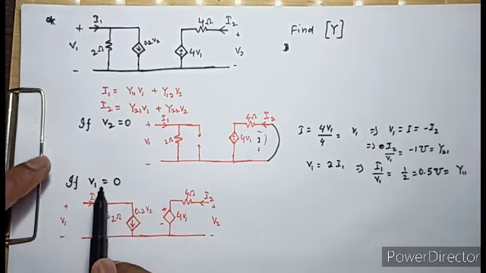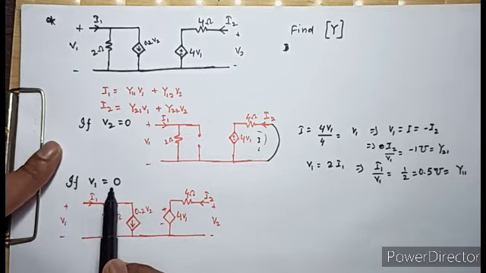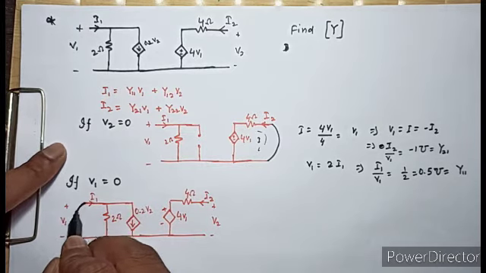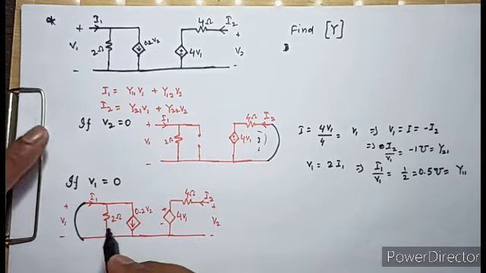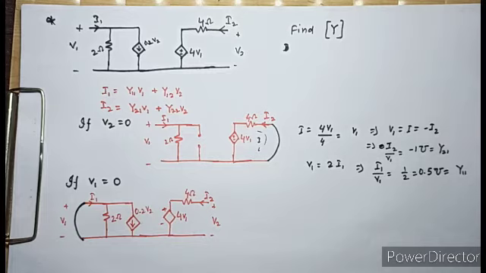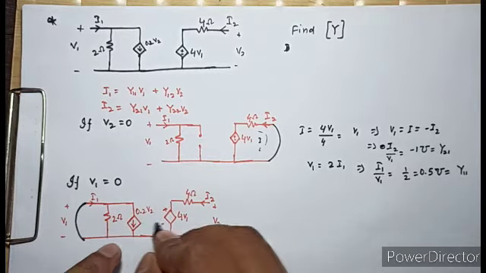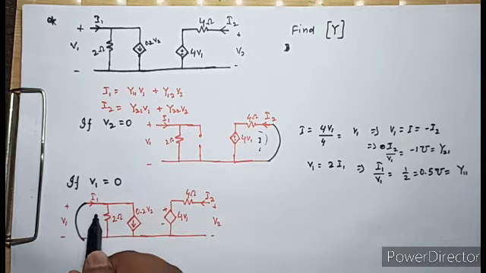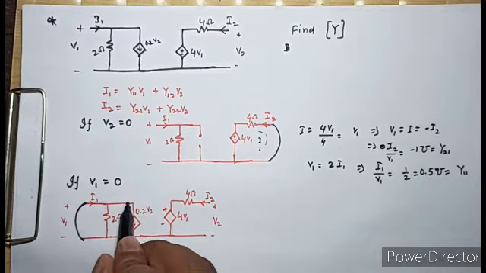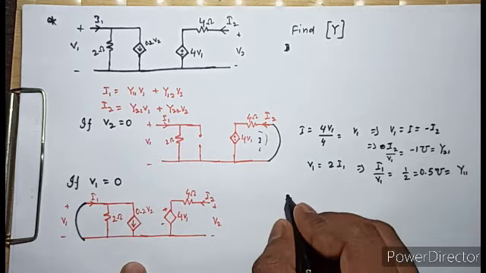Now if I am making V1 equal to 0, means we are short circuiting the input terminals, right? And in that case I1 will be what? This I1 will circulate in this path, right?